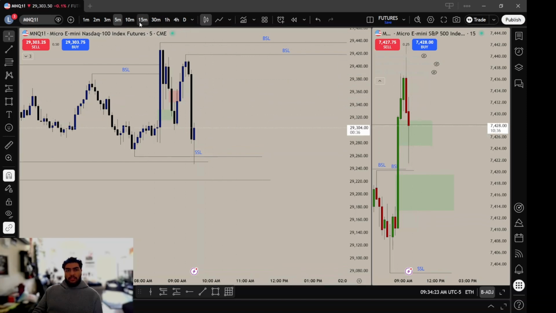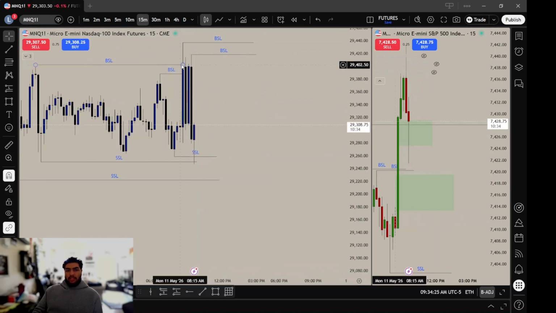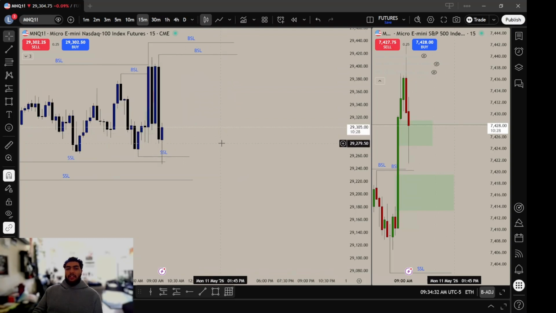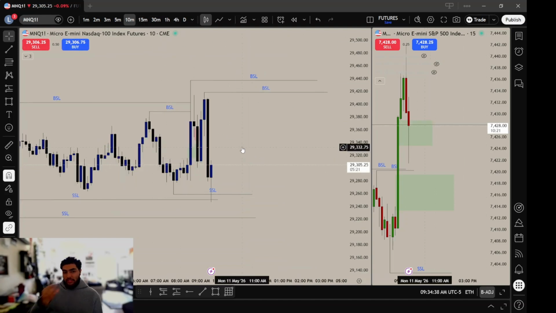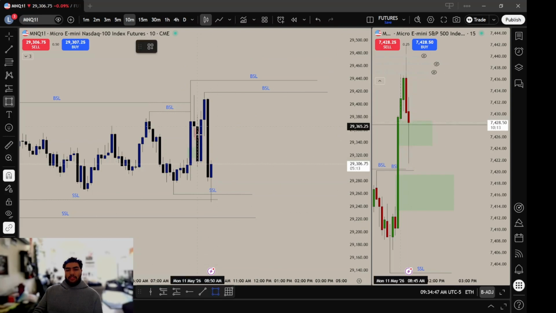Let's take a look at this 15-minute. So 15-minute, absolute chop. It's literally the same candle 4 times in a row. Let's look at the 10-minute real quick. So 10-minute, we're creating this fair value gap right here, which is kind of nicer. Honestly, we'll probably take this right here on the 1 minute.